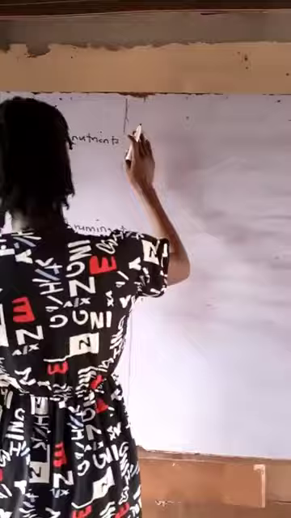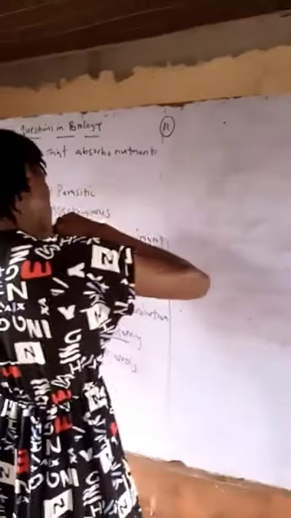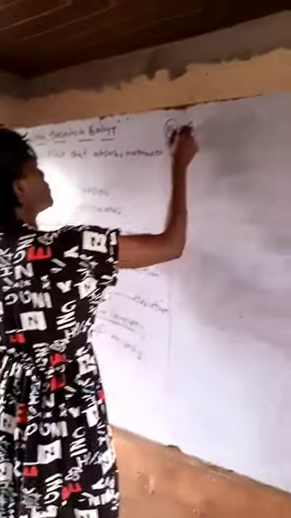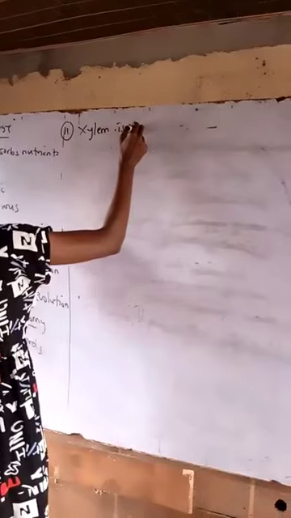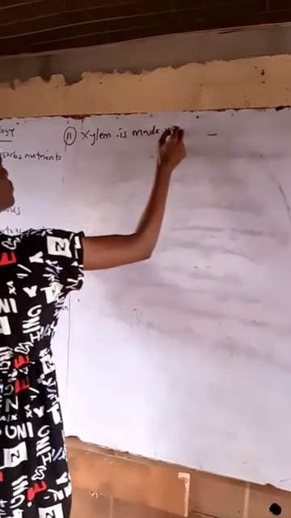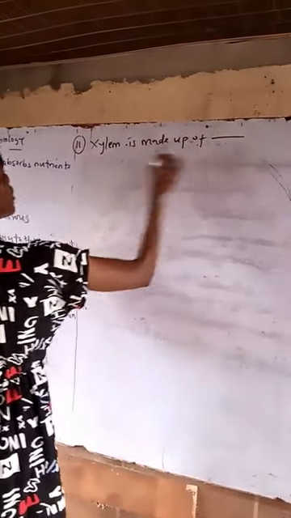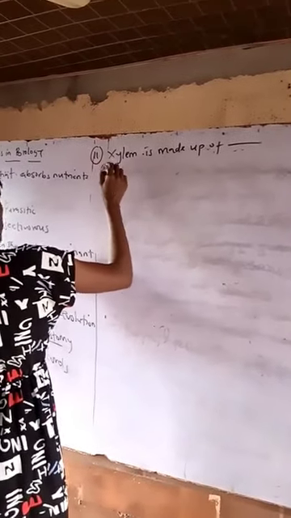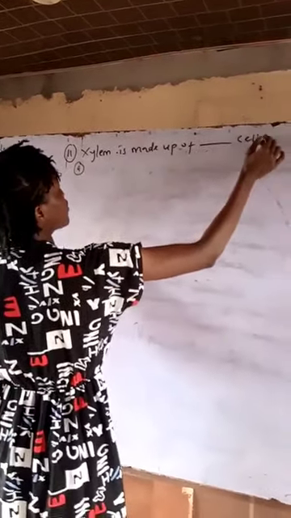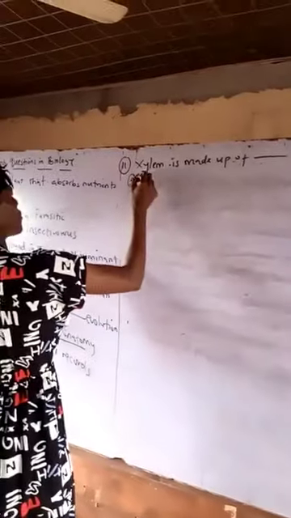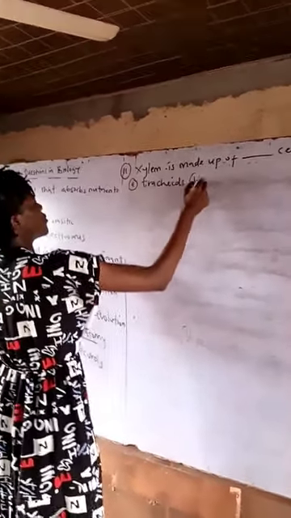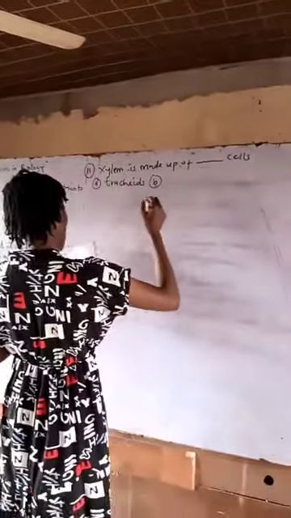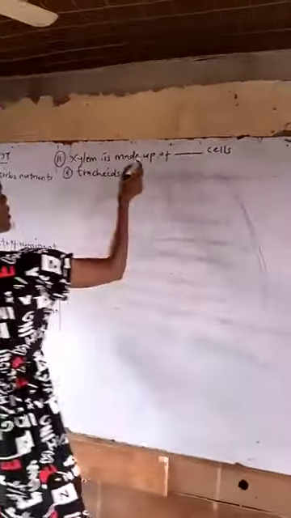So the next question, let's say question 11. It says xylem is made up of dash cells.